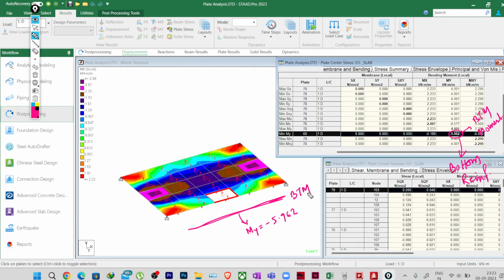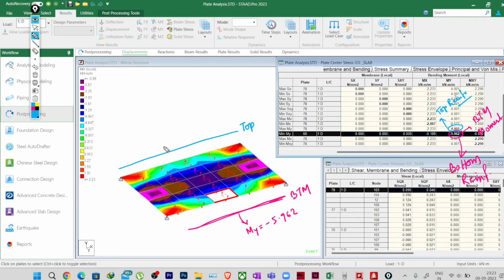Now what will be the top moment along this direction? It is clearly seen that the top moment is 4.001. The top is also very high, as this direction is spanning higher. So this is my top moment. For this top reinforcement we will be calculating.